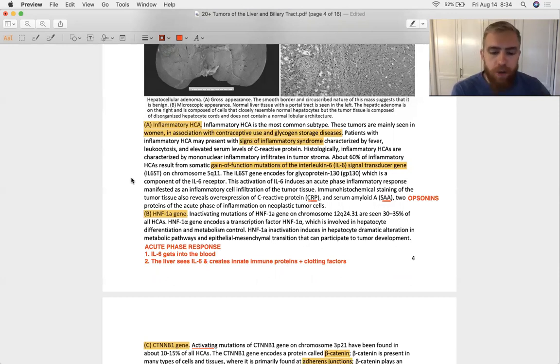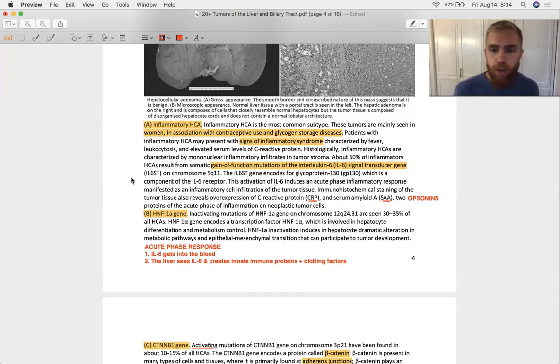Anytime there's damage or injury in a local area of tissue, individual cells respond by pushing cytokines, signaling molecules, into the bloodstream. One of the signaling molecules that cells really like to make in the setting of injury is interleukin-6.